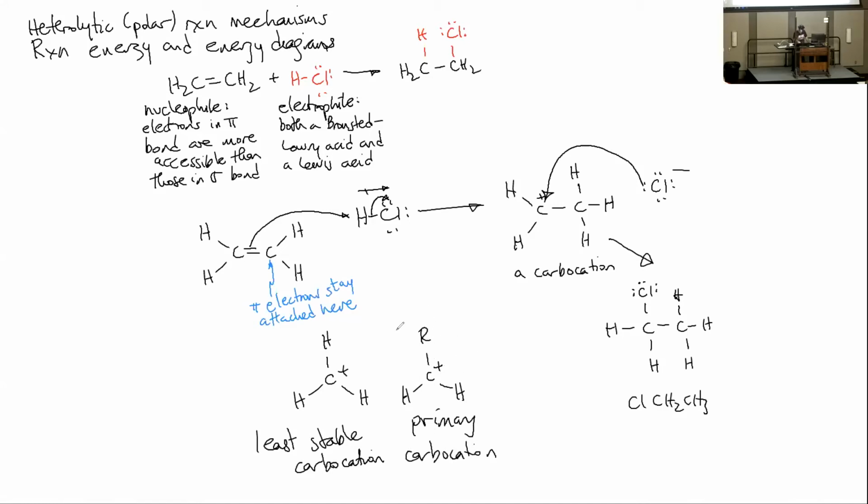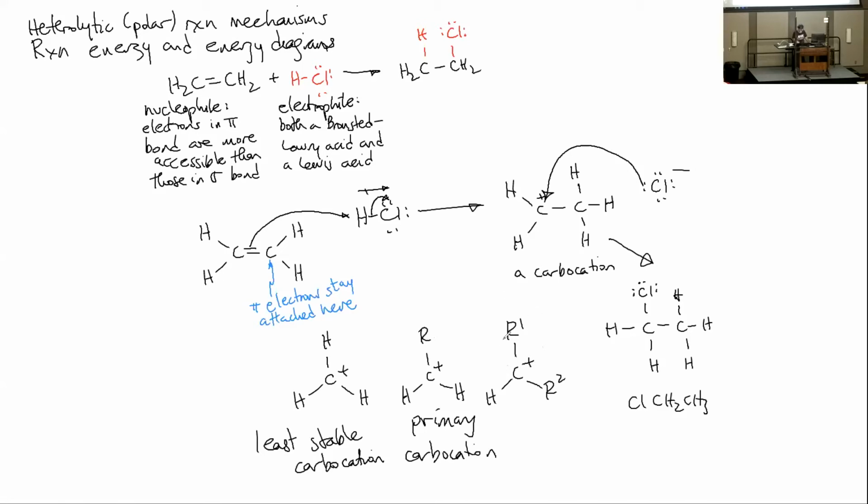Primary meaning that there's one alkyl group attached. You can continue putting alkyl groups on. This is another possibility of a type of carbocation. And these two groups, R1 and R2, can be the same or different. Well, now we're putting even more electron density. Again, I want you all really to be feeling and understanding this is a carbon with a plus charge. It's lacking electron density.